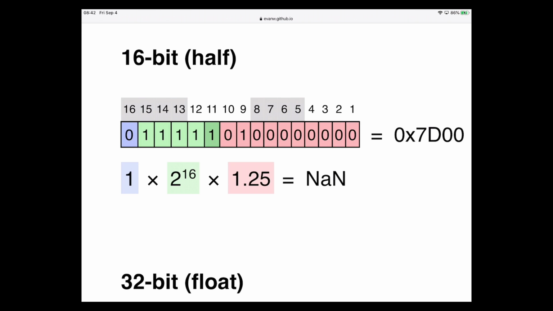Now, you might look at this and say, wait a minute, Dr. C, what's with this NaN business? What does NaN stand for? Not a number.